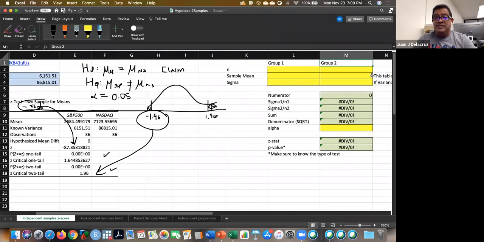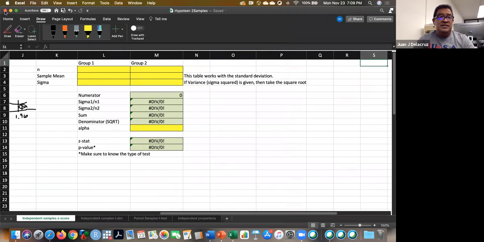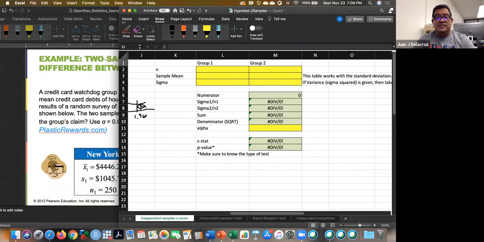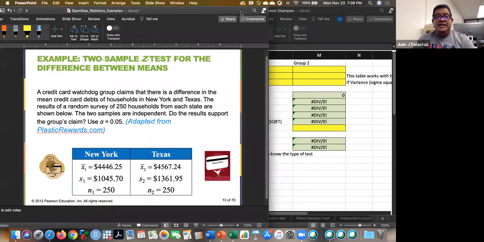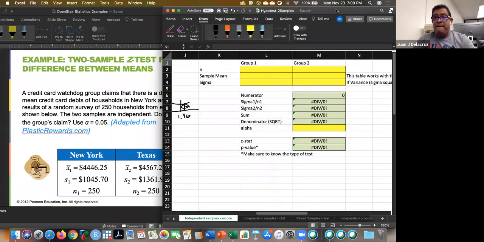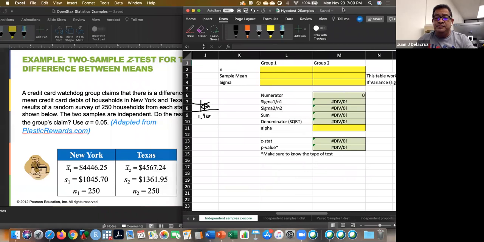Hold on, let me move this a little bit. I did this in Excel. Here we have group 1 and group 2.